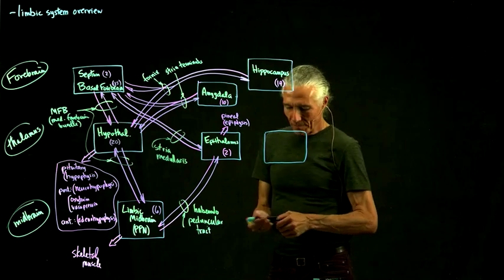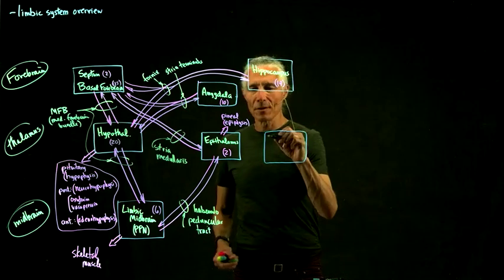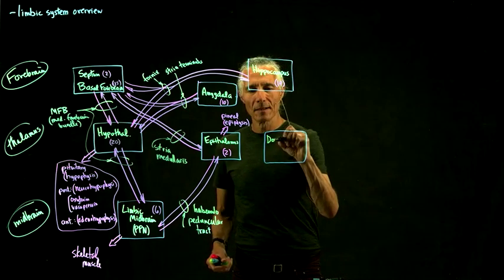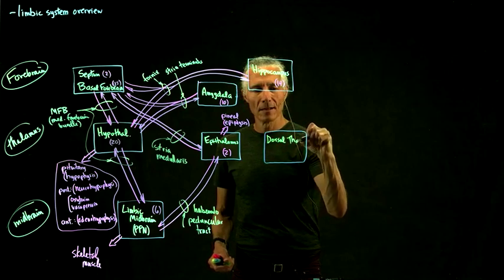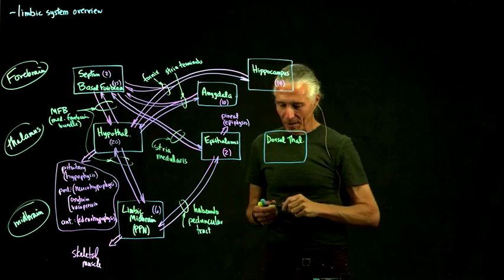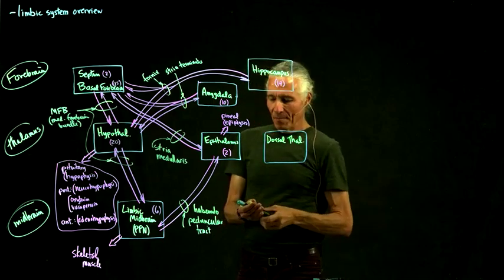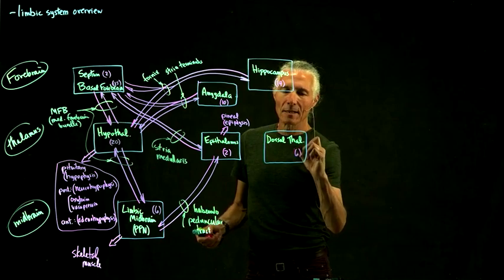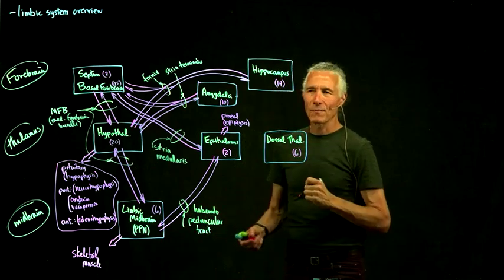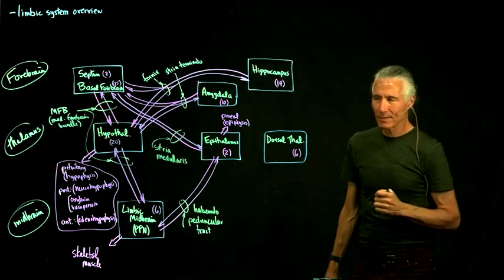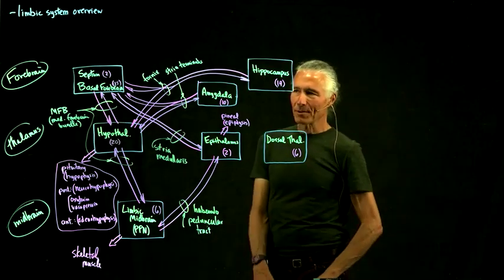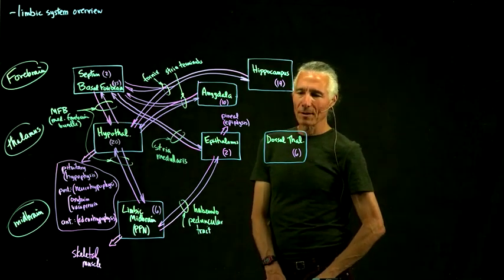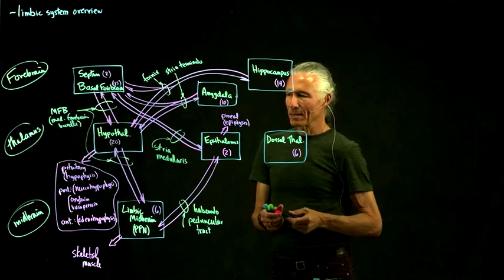So this is the dorsal thalamus, equivalent to lateral geniculate. How many parts do we have there? Maybe 6 nuclei at least, like the ventral anterior nucleus and the mediodorsal nucleus. We'll talk about that one when we talk about head direction cells.